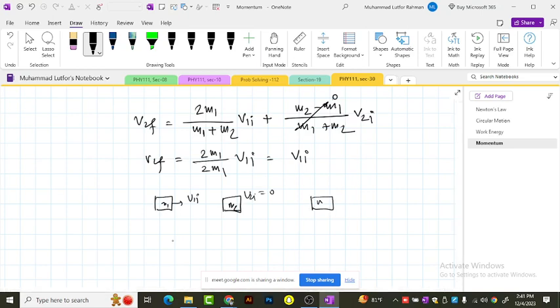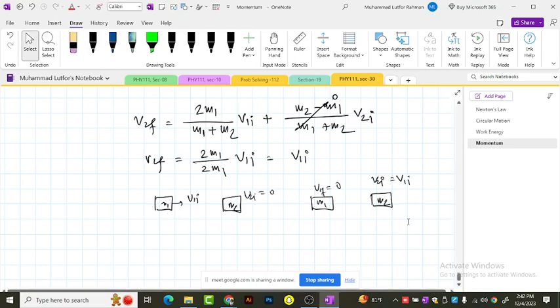After the impact M1 will be 0, it is not moving, and M2 will move with V1I. So they interchange their velocities. That happens when you play pool or carom, when your cue ball strikes the target ball. After the impact, the cue ball should stop if it is exactly equal mass, and the target ball should move, if it is an elastic collision.